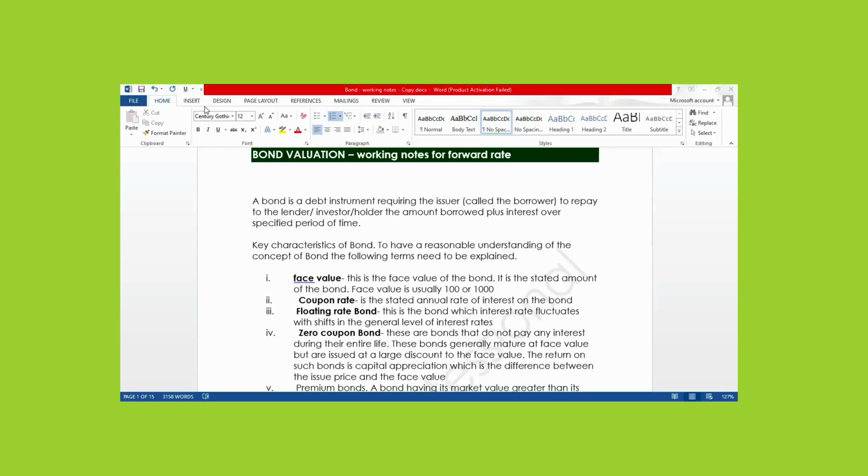So zero coupon bond, although it's not very common, is where a company will issue a bond with zero interest. The company will not pay you any interest if you invest in that bond. But the bond will be issued at a discount to you.